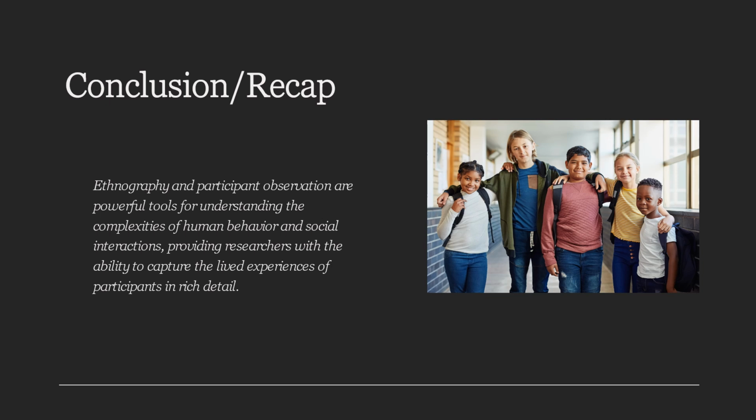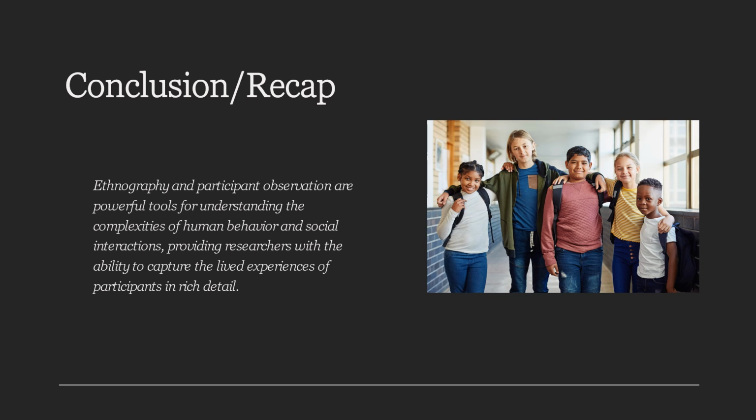So here's a recap. Ethnography and participant observation allow researchers to deeply immerse themselves in the environment that they're studying, which is going to lead to a more nuanced and authentic understanding of the participants' world. And this method is particularly valuable when exploring cultures, social groups, or institutions that are complex and multifaceted.